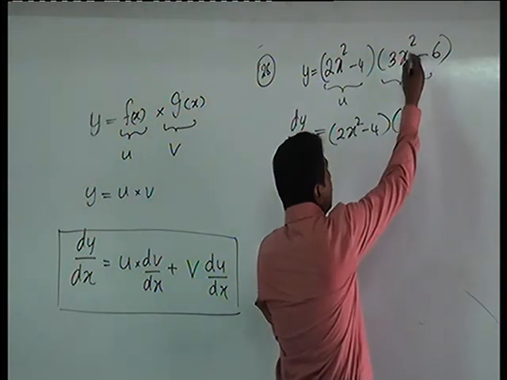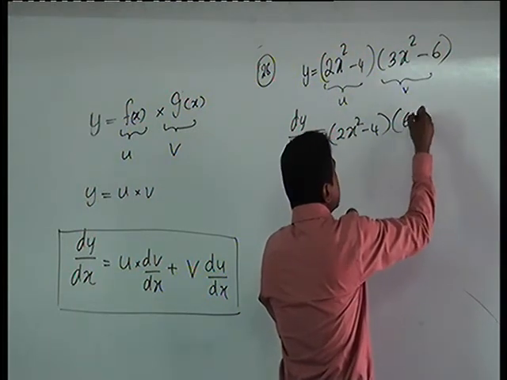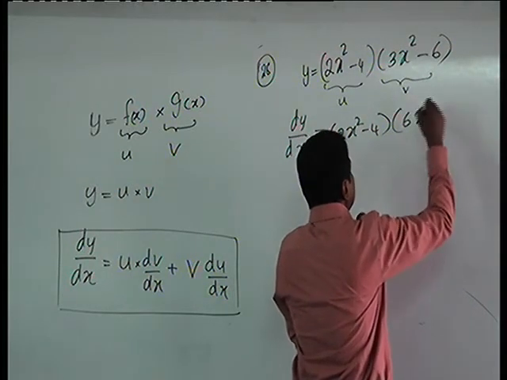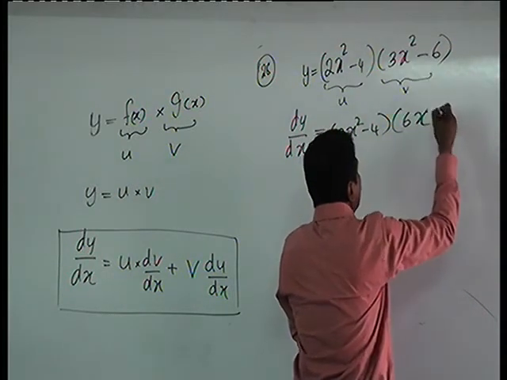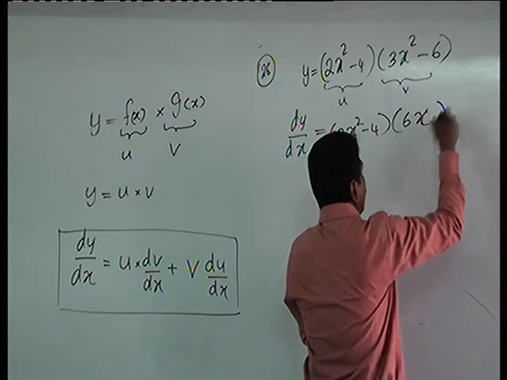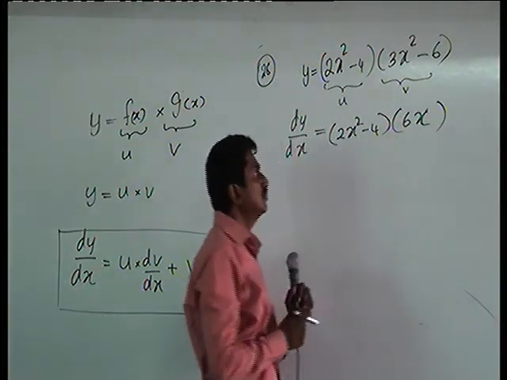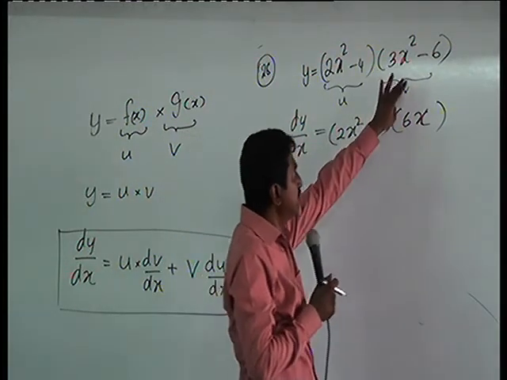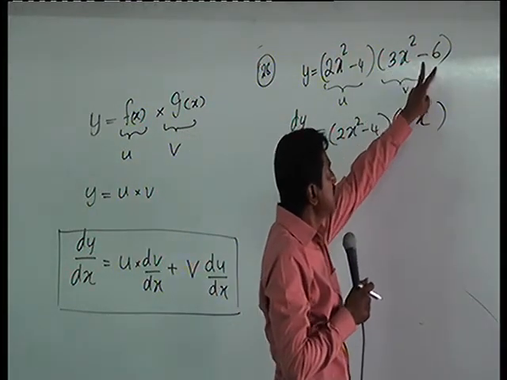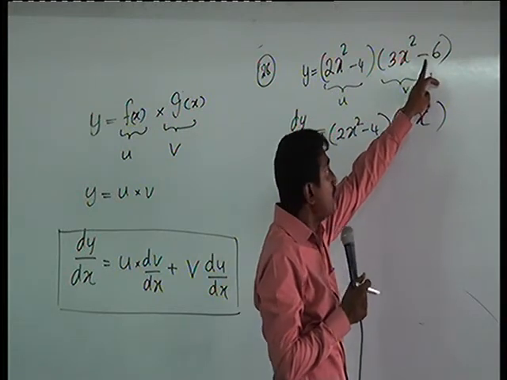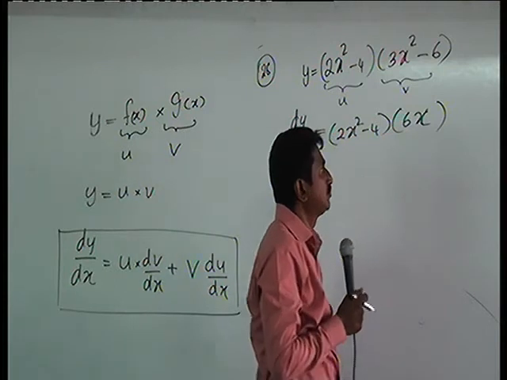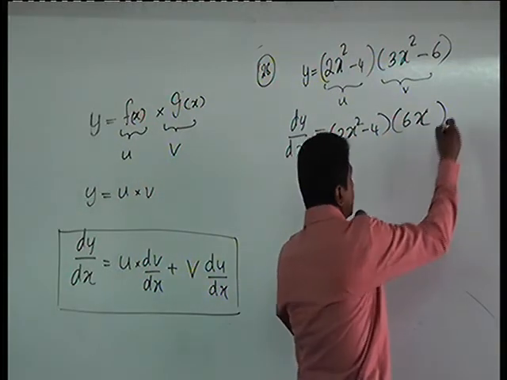That is 3 into 2, 6 into x to the power 1. Second function, this is a constant, always 0 when you differentiate. When you differentiate this one, 2 into 3, 6x. What is the sign? Plus sign.